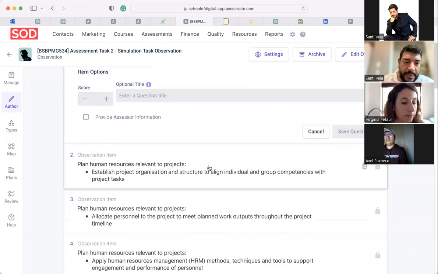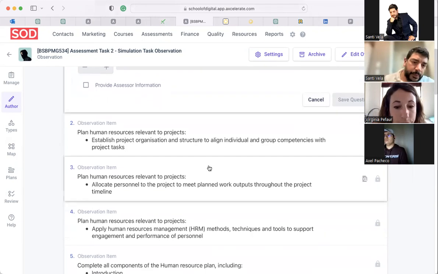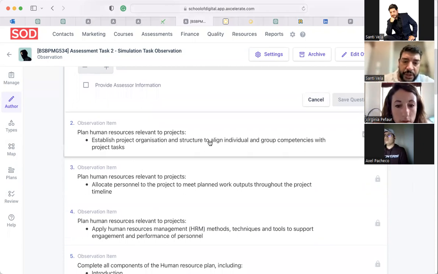Let's go to number 2. Why do we need to know what the project organization is, what the structure of the organization is, for us to align the individual and group competencies with the project task?